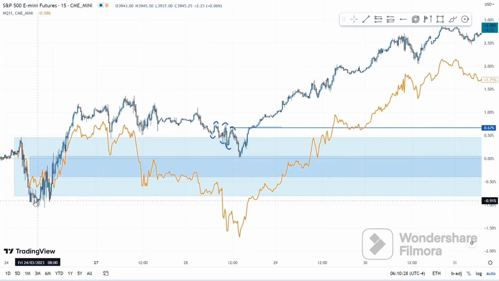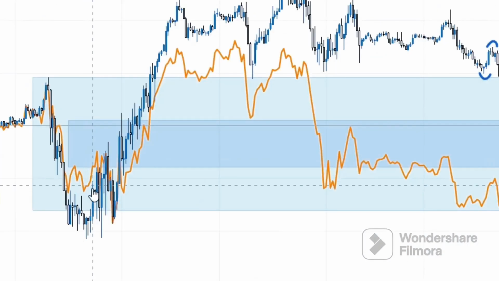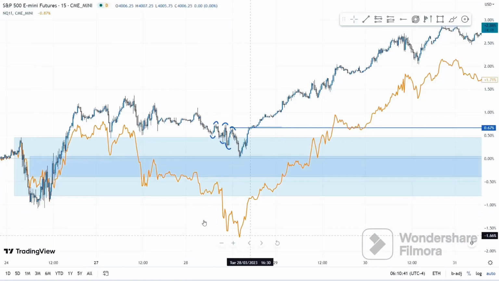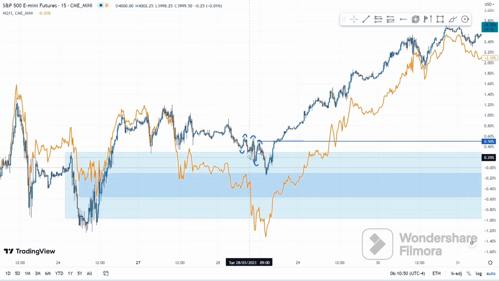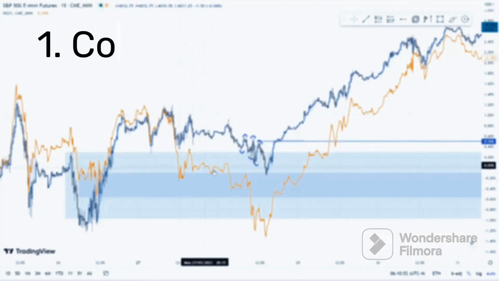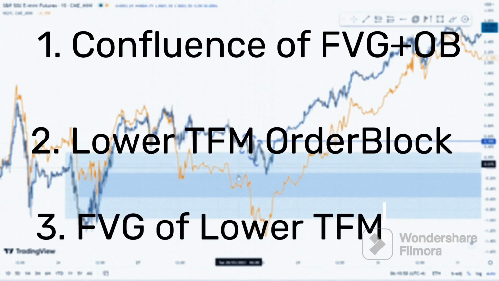As you can see here, ES1 makes a new low, and then here it makes a new higher low. However, NQ makes a new low and a lower low. This divergence is telling us that this confluence zone that we marked is even stronger, because there's 3 things in one story: the confluence, the order block, and the FVG.